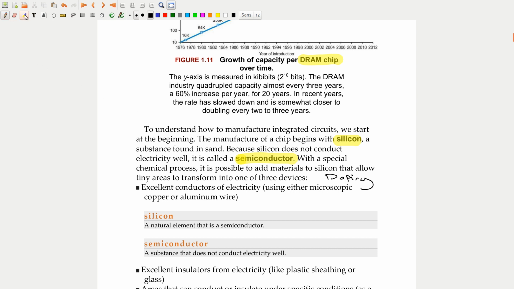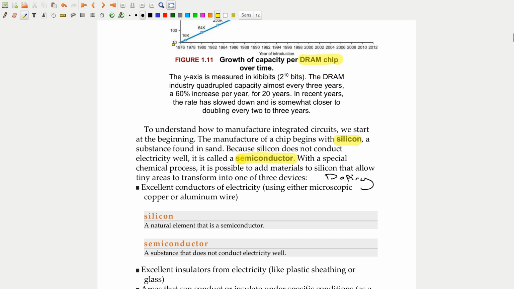That's doping. So we're basically adding charge carriers, giving some charge to it, because the lattice that silicon forms is very stable. We can play around with that though in order to make p-type and n-type.